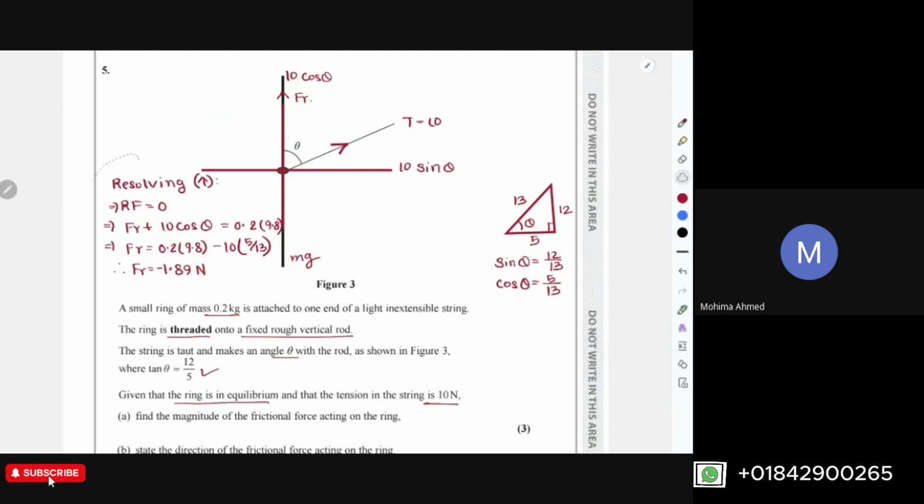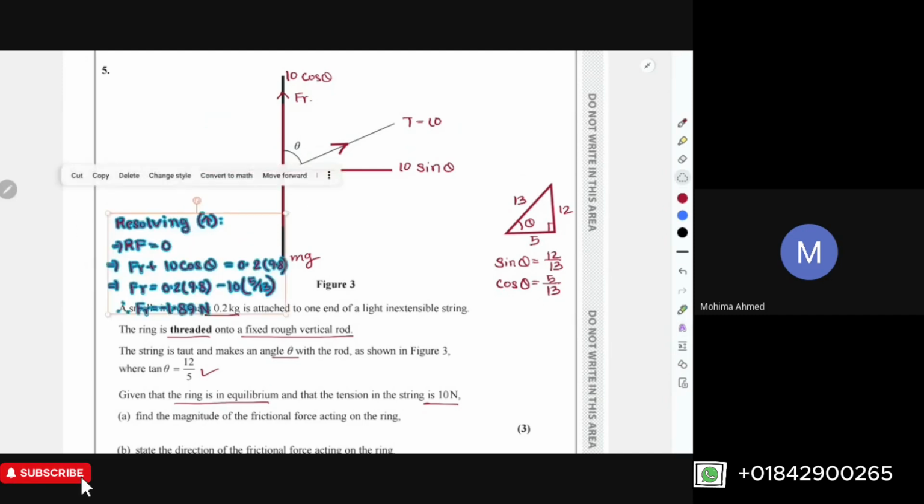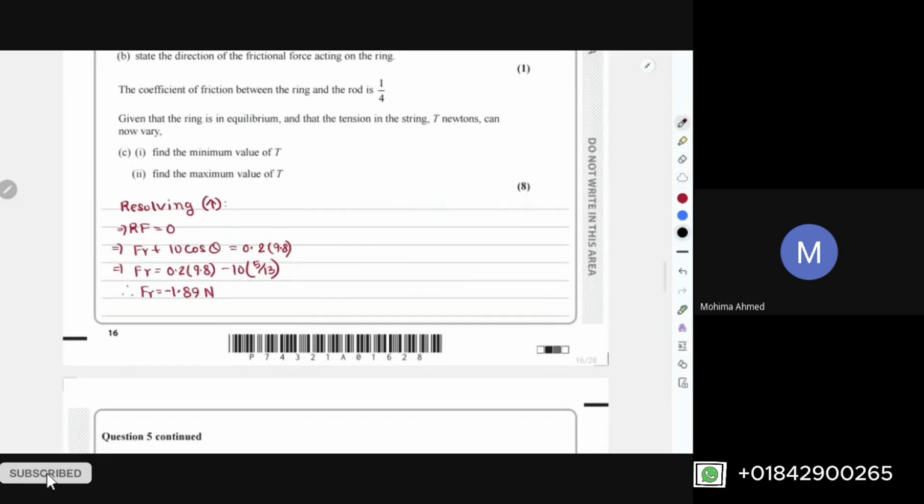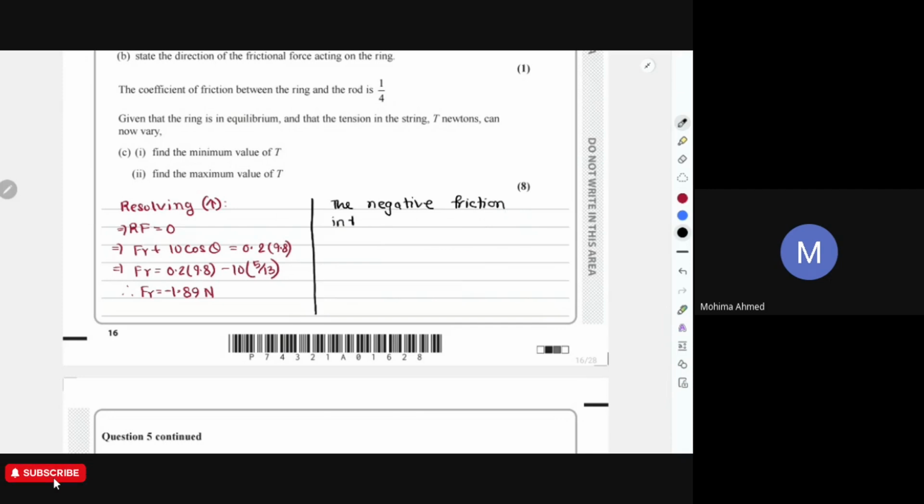So I can just write this. I don't need to cancel all my working and then recalculate it. I can just write that the negative friction indicates it was acting in the downward direction, right?